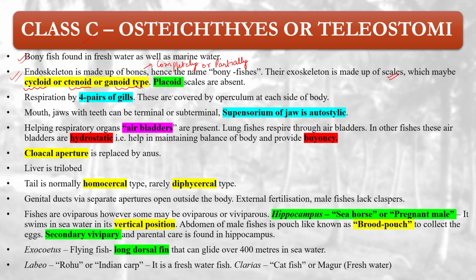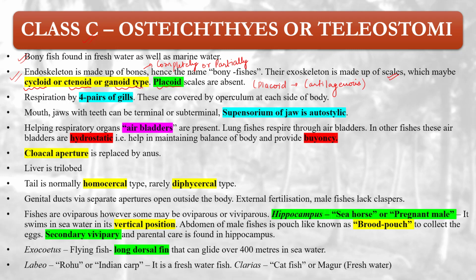Most importantly, placoid scales are absent, because placoid scales are found in cartilaginous fishes. So in bony fishes, you have to remember the type of scales are cycloid, ctenoid, or ganoid type.